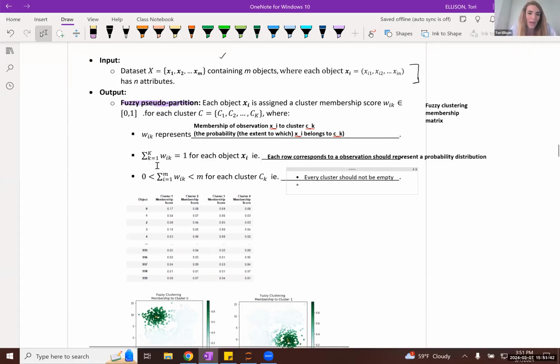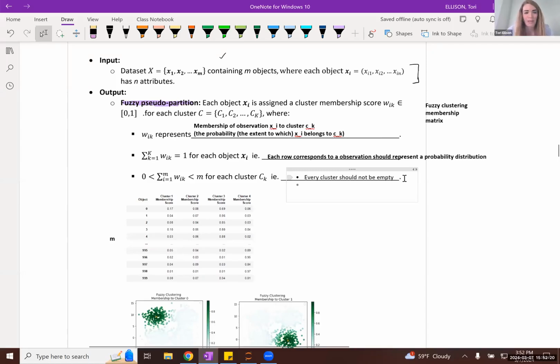And on top of that, we also want the sum of the cluster membership scores for each cluster, so each column in this matrix, to be less than m, the number of observations. If that happened, it would mean that every single one of these cluster membership score values would be equal to exactly 1, or in other words, every observation in the data set completely belongs to this particular cluster.